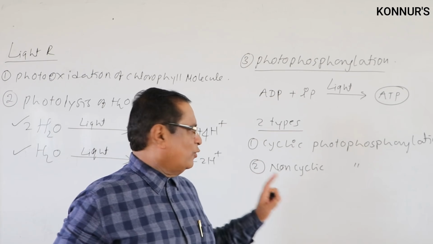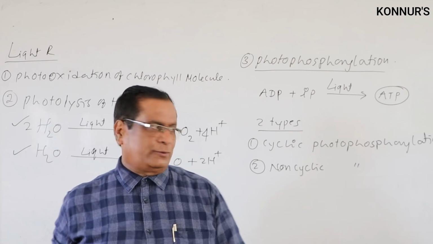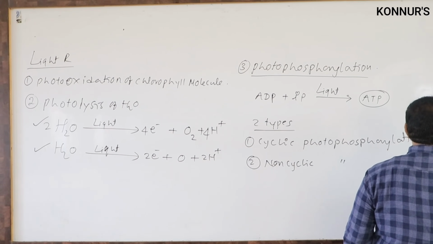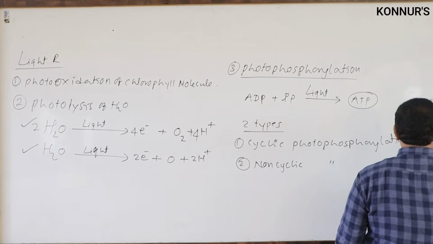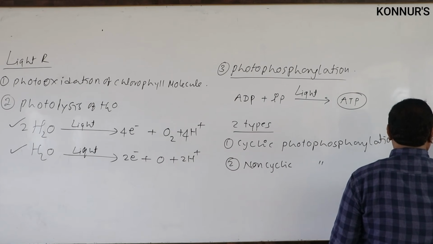That is cyclic photophosphorylation. For cyclic photophosphorylation, only photosystem first is required. It means the reaction center is P700.